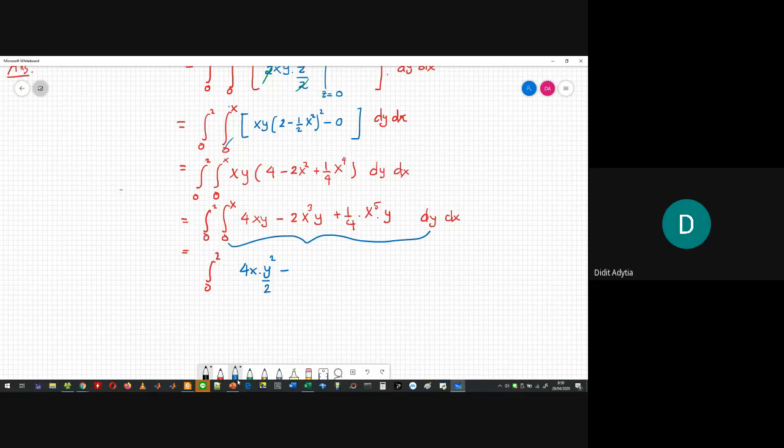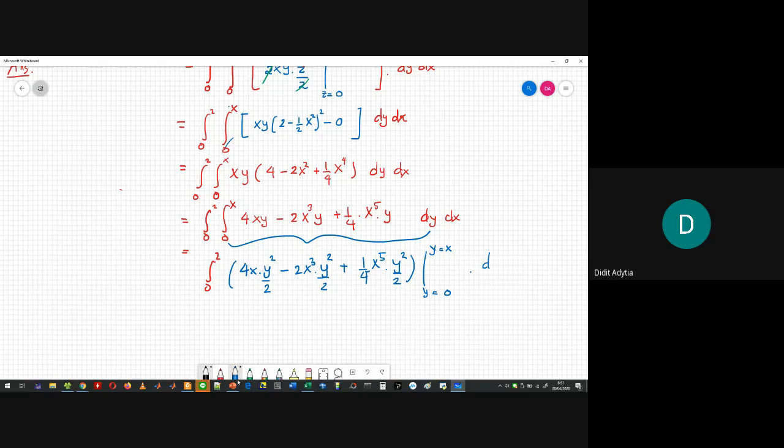Oh, and then minus 2x to the power of 3 times y square over 2 plus 1/4, this is exactly the same, x to the 5 y square over 2. Okay. And then y, it's from 0 to x.